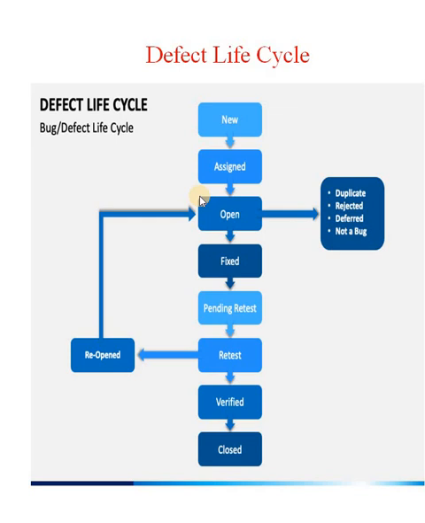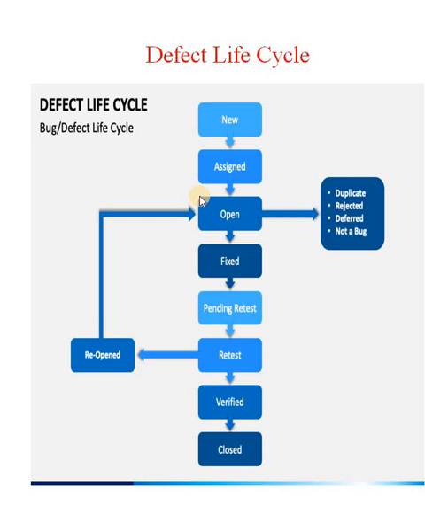This defect is assigned by the project lead or the manager of the testing team to a developer, because not just anyone can assign this defect to the development team. Only the project lead, that means the project head, or your testing team manager can assign this defect to a developer or the development team's head.